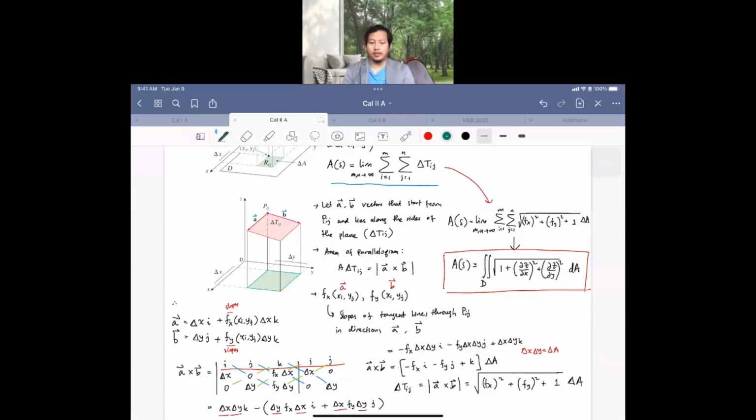I think we can take this into maybe two examples, and then we can move on to chapter 15.6, the triple integral.